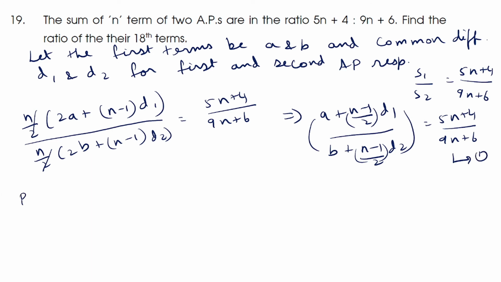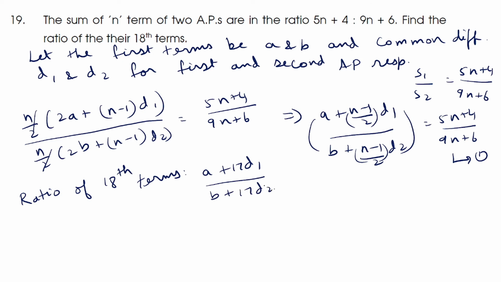Now the ratio of the 18th terms is given by A plus 17 D1 upon B plus 17 D2. So here to get the required ratio, if we put n minus 1 by 2 as 17, then we will get the required ratio.